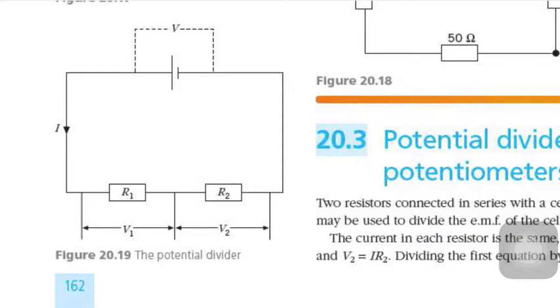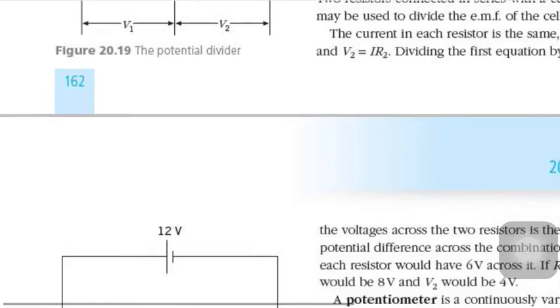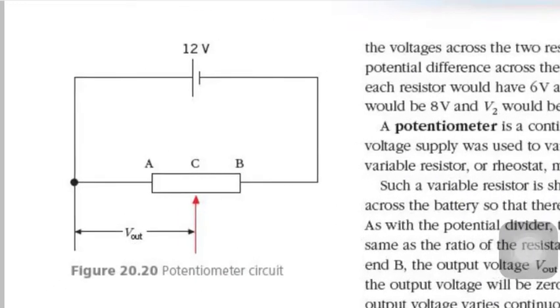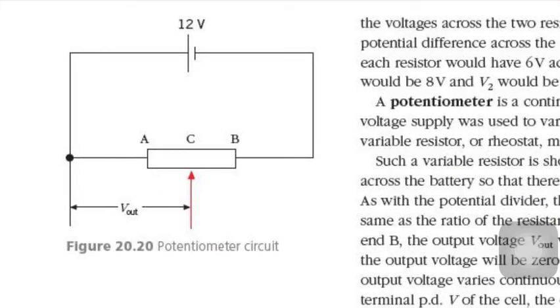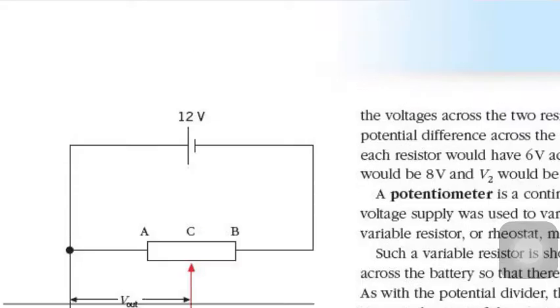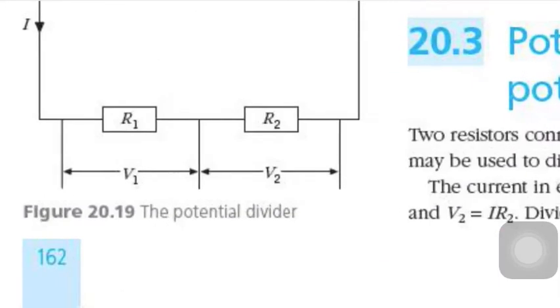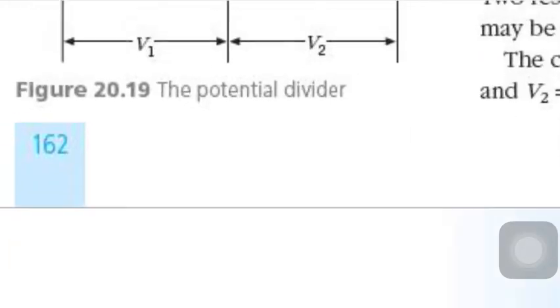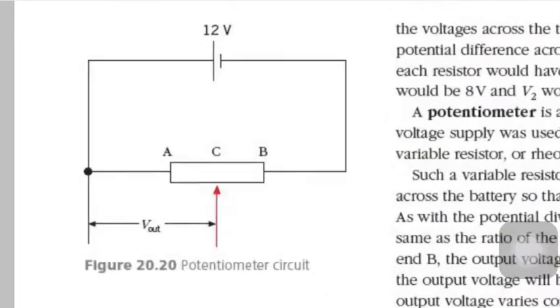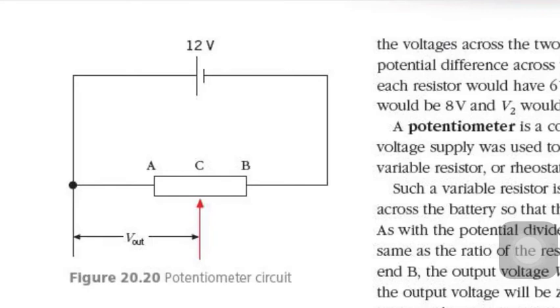If you want to continuously change v1 within a certain range, if you want to vary it continuously, then we need a variable resistor. Now, if you can create a setup where the midpoint can slide over a resistive material, then the resistance would change according to the contact point of the slider, right?